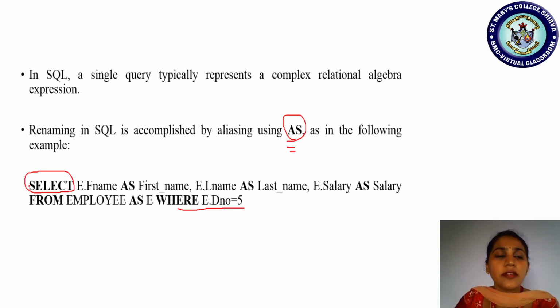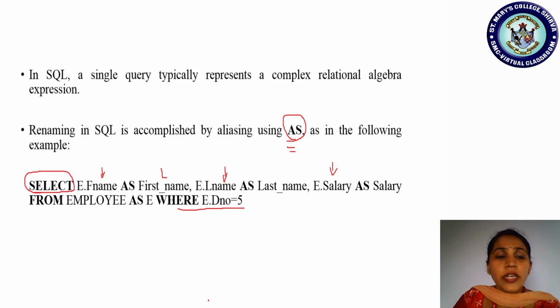So just check, following the SELECT command, we are mentioning the attribute names: first name, then last name, then salary. So this is what we are trying to project. We are highlighting only those respective columns. Fine.